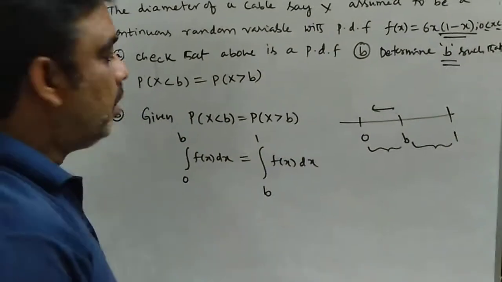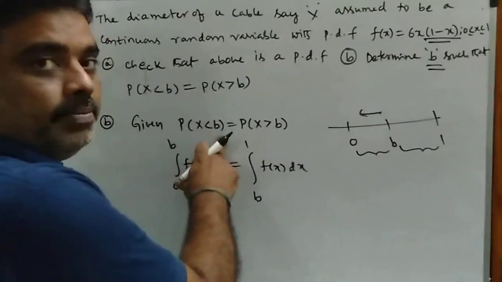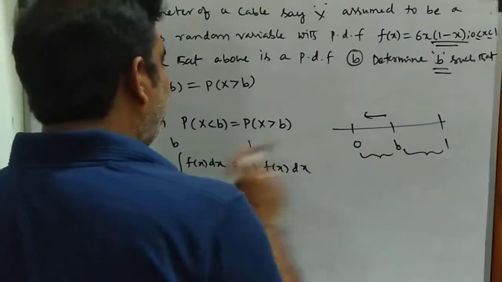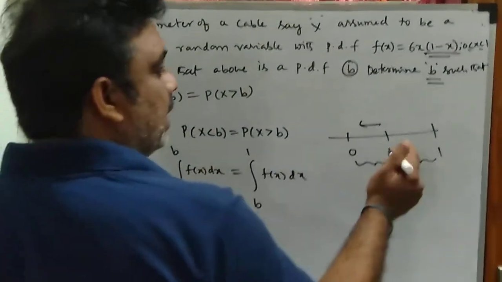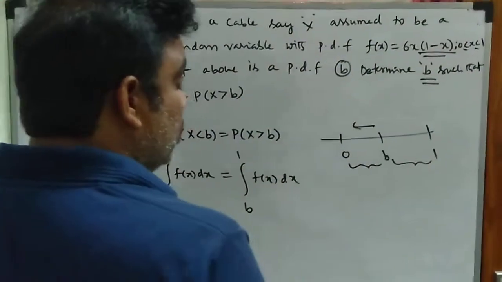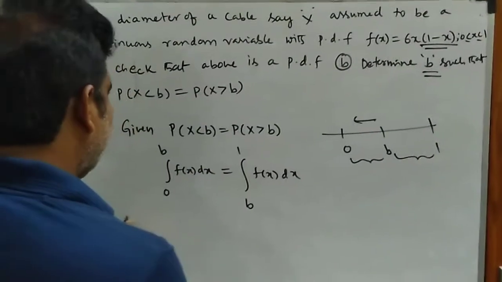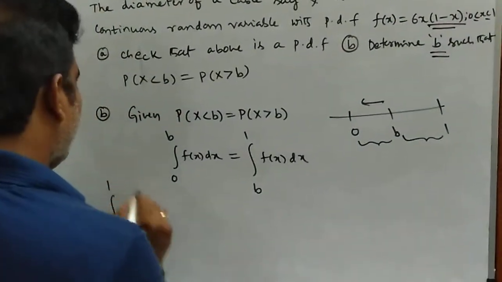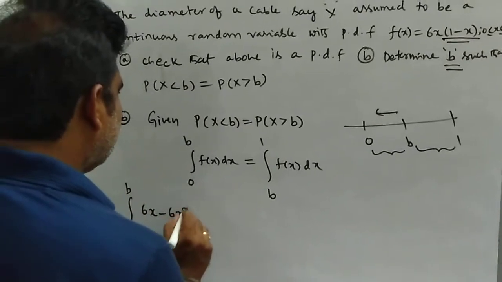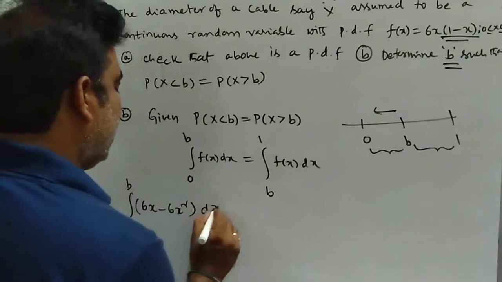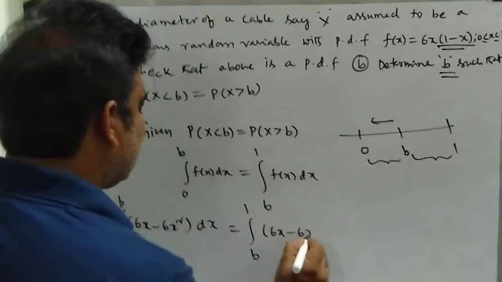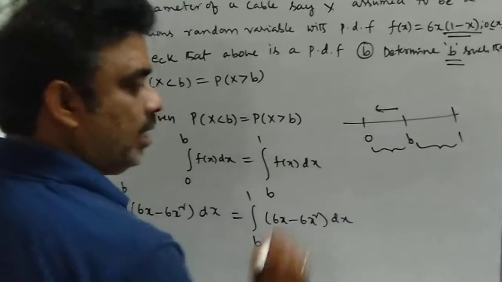Clear, all of you? Probability of x less than b: x less than b means it falls in the interval, the integral 0 to b of f of x dx. X greater than b means it will come on the right side of the element b. So the integral b to 1 of f of x dx. Now substitute. What is f of x? The integral 0 to b of 6x minus 6x square dx is equal to the integral b to 1 of 6x minus 6x square dx.